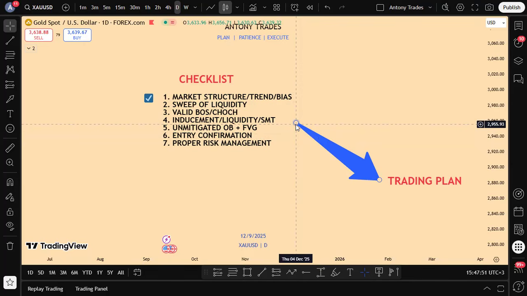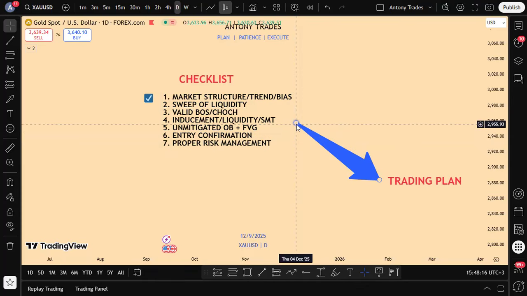You have to wait for high probability setups that check out with your checklist and also your trading plan. You don't take every setup that you see in the chart, because a setup can have all of these and still fail to play out.